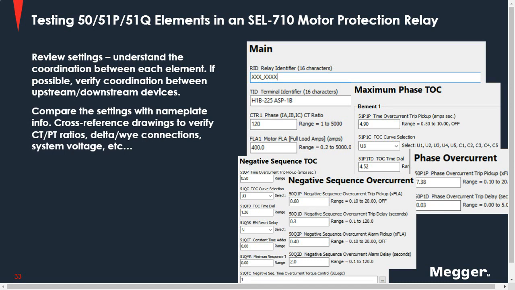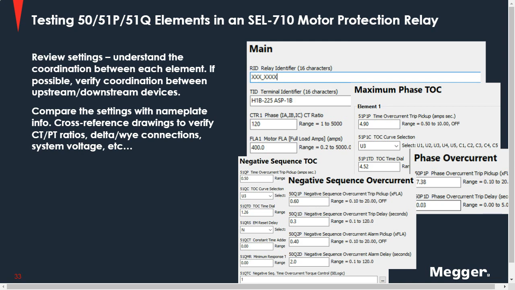Also, compare your settings with the nameplate info of the device, whether it's a transformer or a motor or whatever device. If there's anything on the nameplate that pertains to your settings, make that comparison. Physically compare what's on that nameplate out in the field to what your settings are.